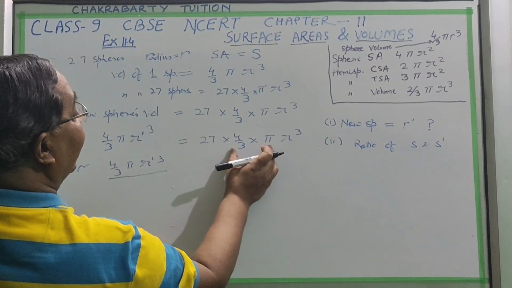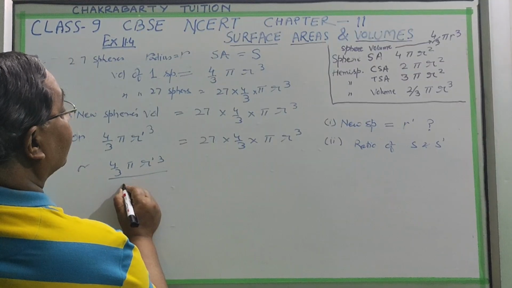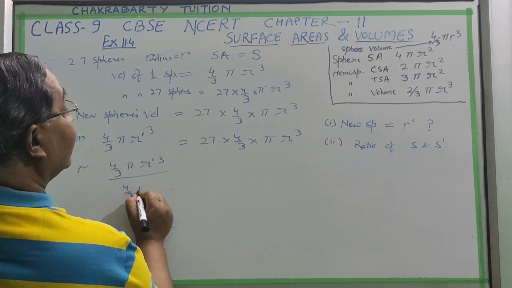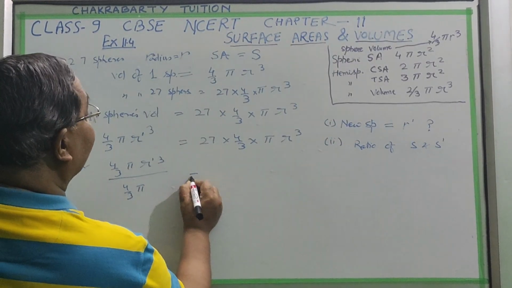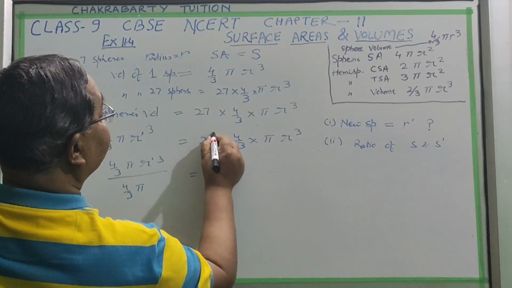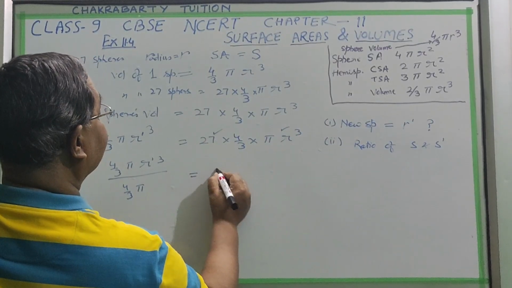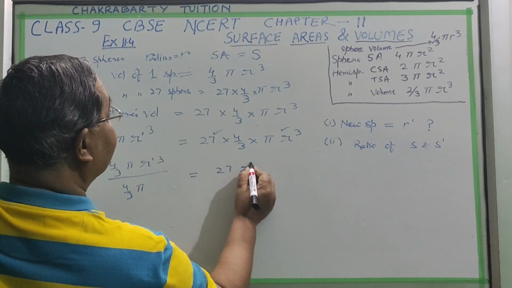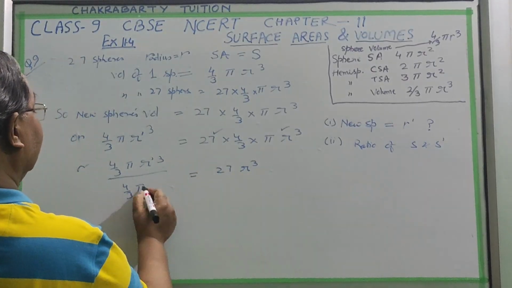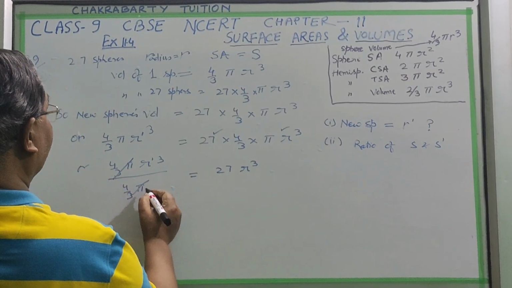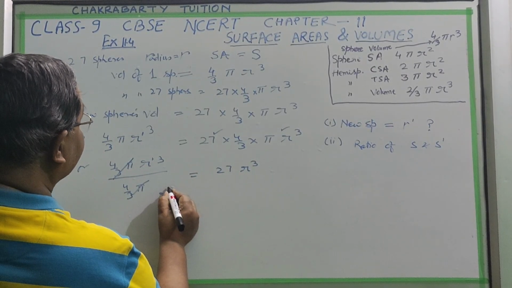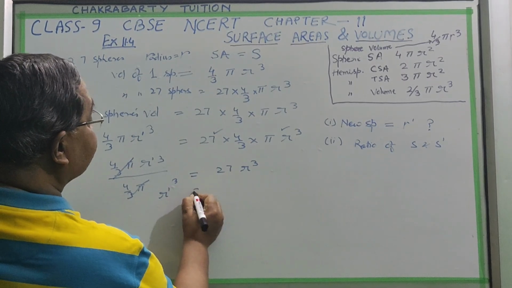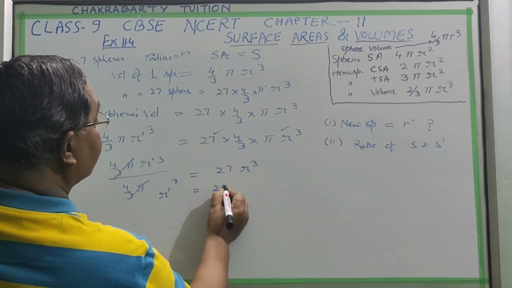These two figures we are taking to this side. 4 by 3 pi equal to this, 27 and r cube will remain. So 27 r cube will remain on this side and this will go out. So here r dash cube is equal to 27 r cube.